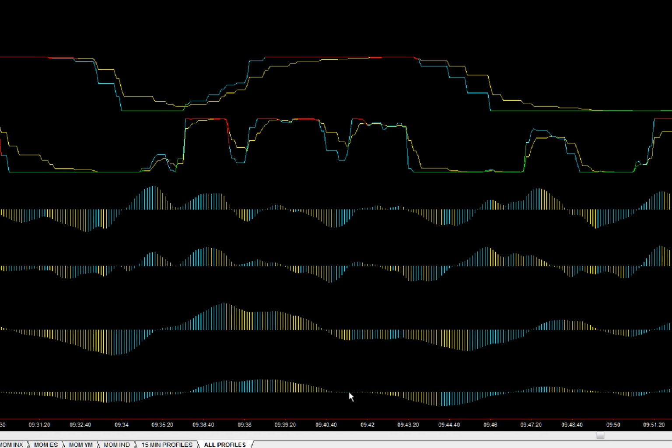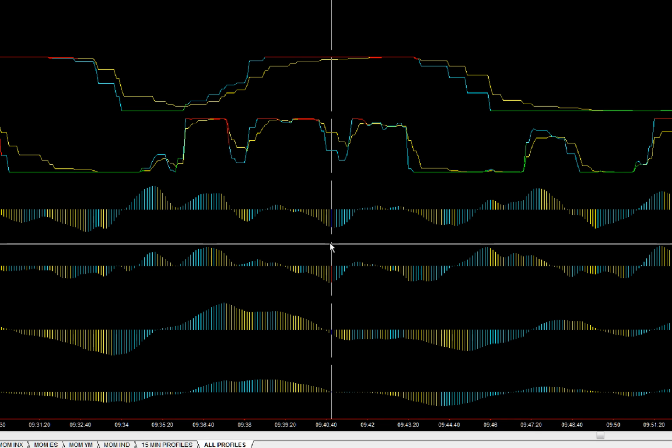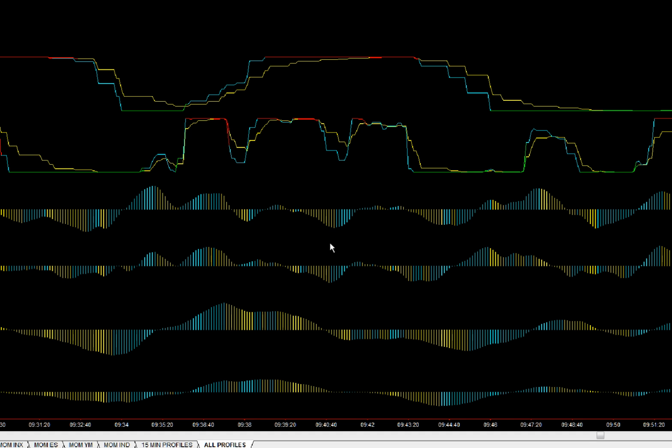And what we want to see is the slope of all three of these changing. And that's easily identified when the color here changes from cyan to yellow. Ideally, on indicator 3 here and indicator 4, we want to be above the 0 line sloping down.